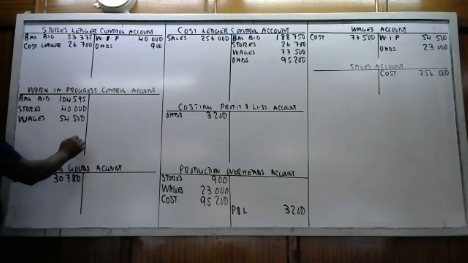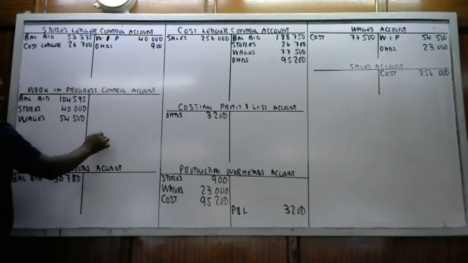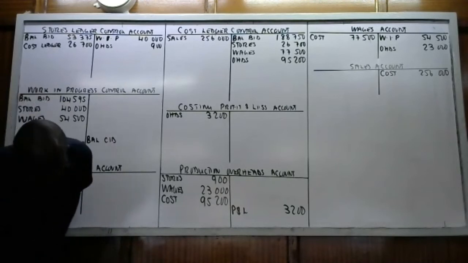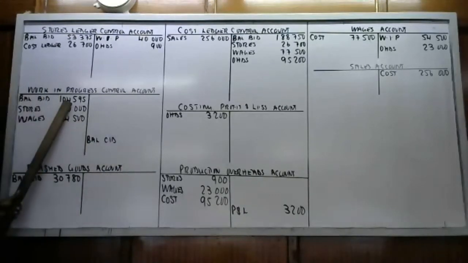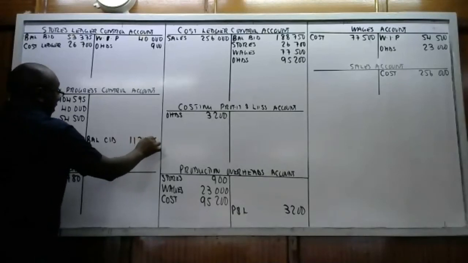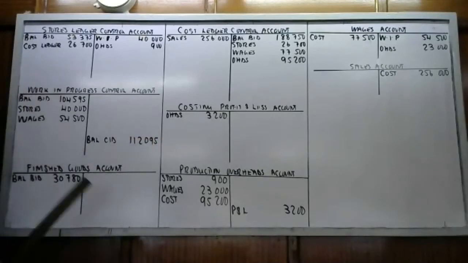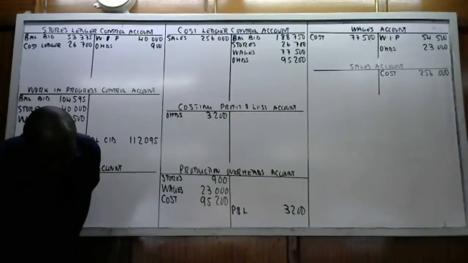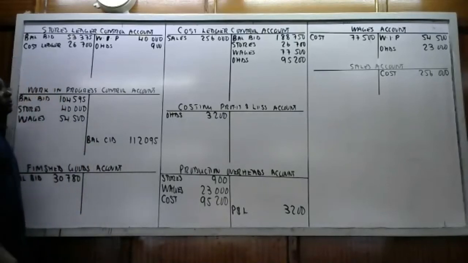Because it is the end of the year, the balance carried down: you take the opening and add 7,500, and you get 112,095. So we are through with what was given.